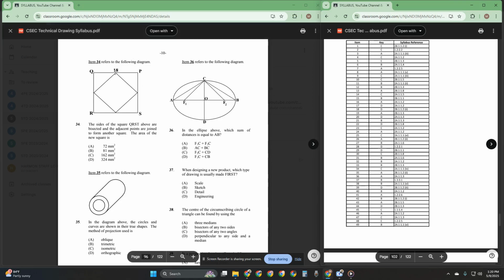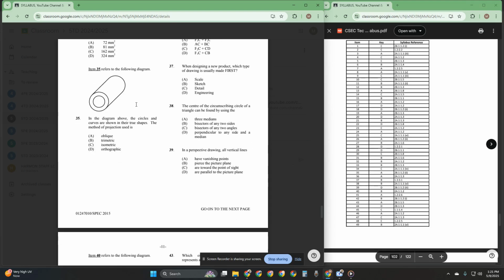Okay, right. So the answer is number 34C. And basically, the inner square is half the area of the outer square.